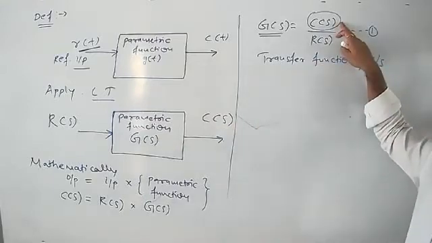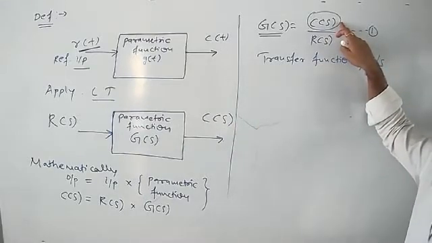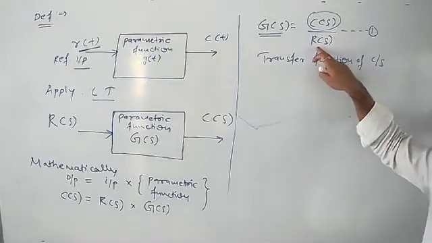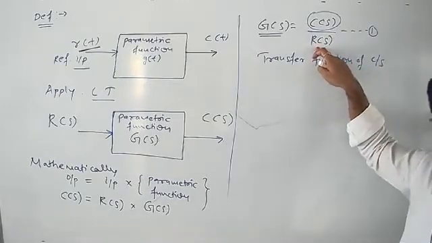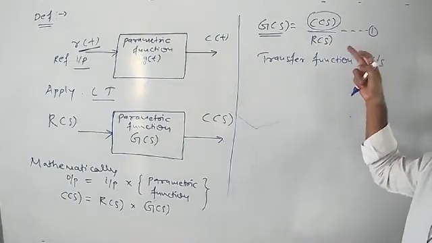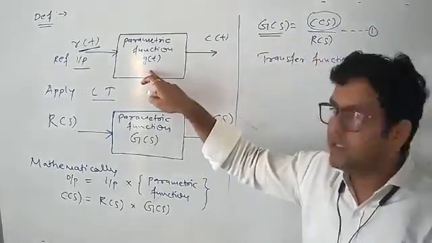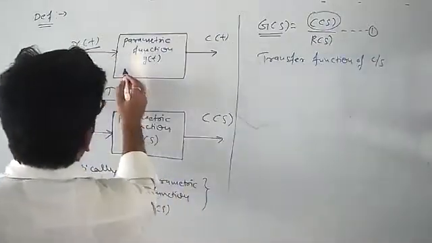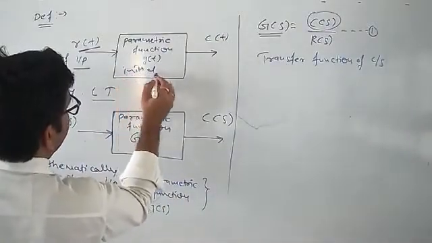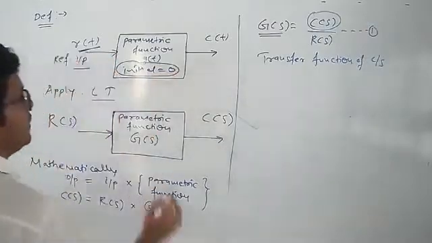This R of s indicates the Laplace transform of input, again in frequency domain. But while defining this parametric function, we assume all initial conditions are 0.